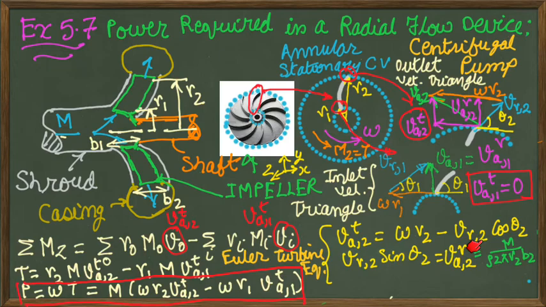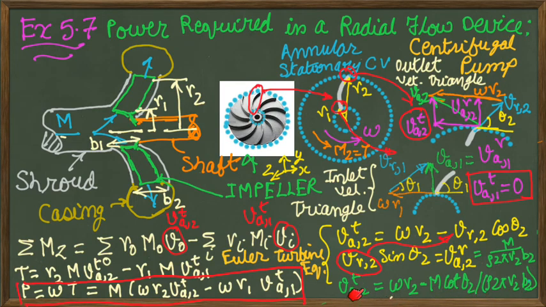So if you substitute VR2 equal to this divided by sine theta, you will get this term multiplied by cot theta as shown here. So the tangential component of the absolute velocity is omega r2 minus m cot theta divided by rho 2 pi r2 b2.